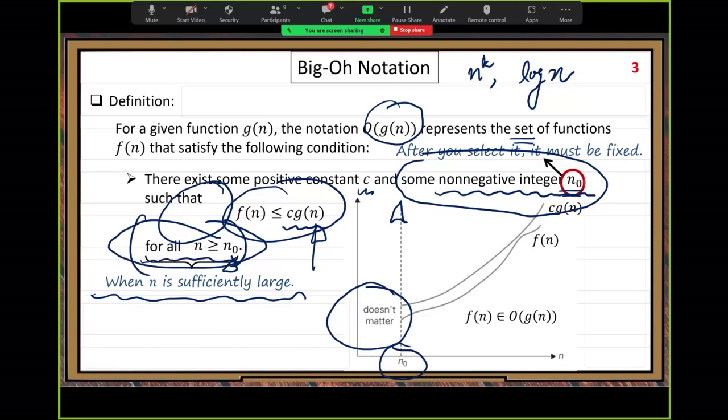Here I want to explain why we don't worry about the function value when n is relatively small.